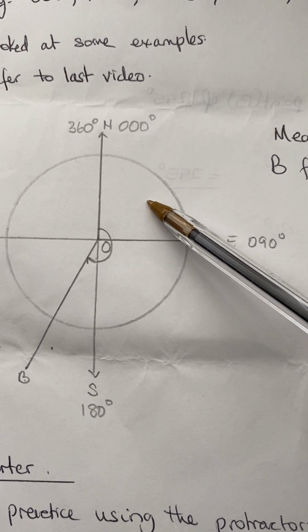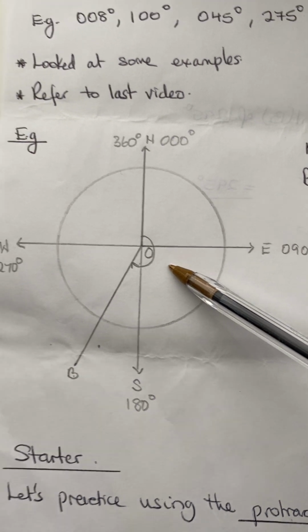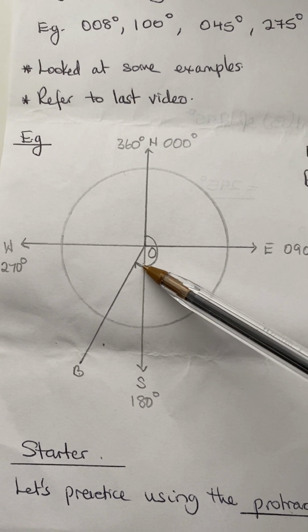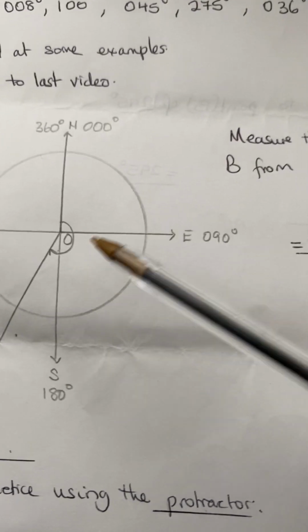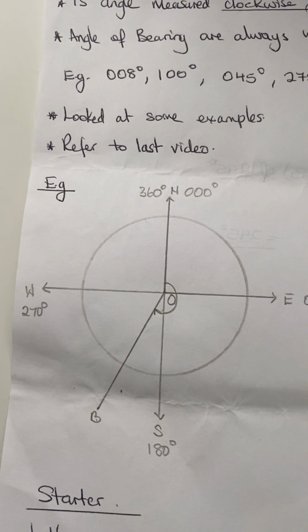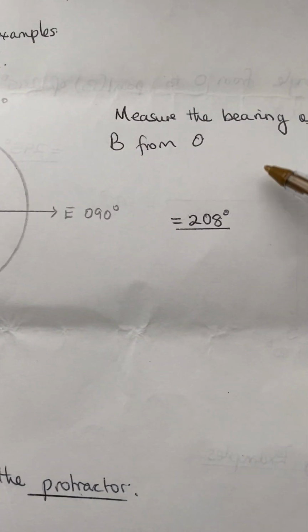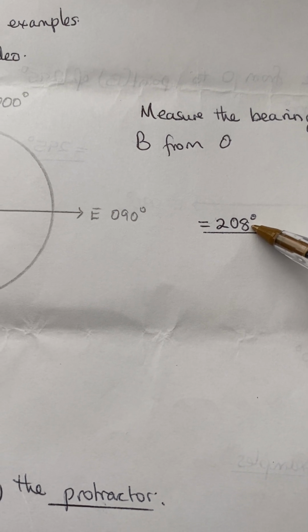If you can see first quadrant, second quadrant, this bearing here will be more than 180. The angle here is 208.